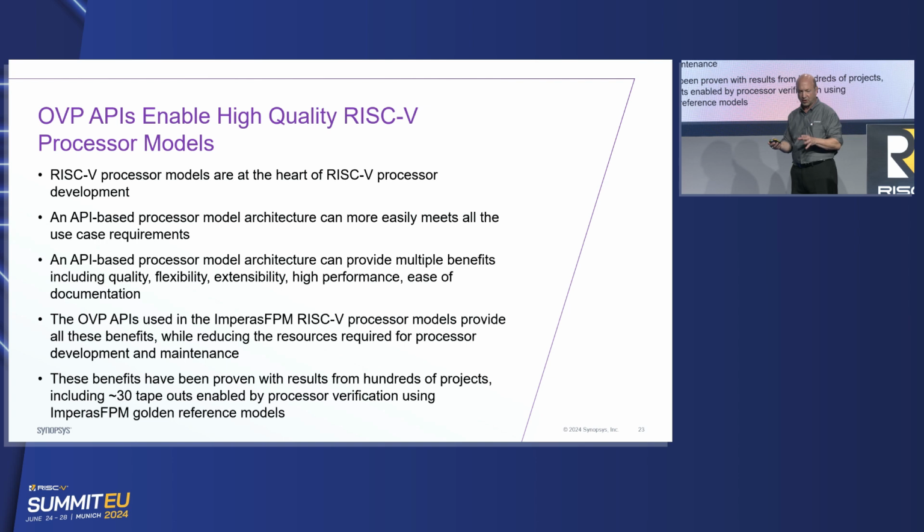So we've got these in the Imperas FPM models. And I would say about these models, just one real plug here is that it's silicon proven at this point. There are over 30 tape-outs of SoCs that have been enabled by RISC-V processors verified with the Imperas FPM golden reference models.